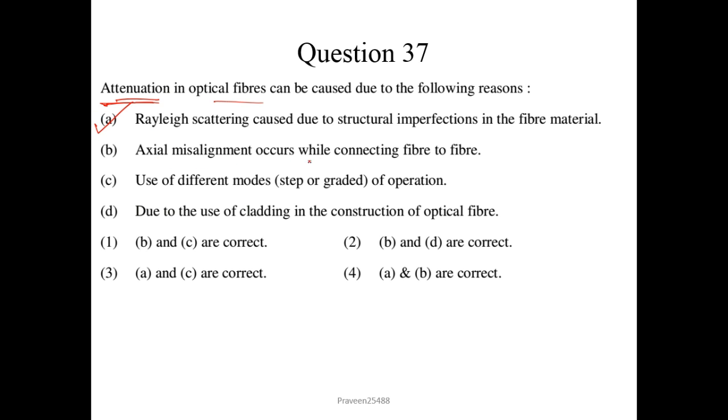Axial misalignment occurs while connecting fiber to fiber. So this is also the correct reason. Use of different modes of operation is not a reason. Due to use of cladding in the construction of optical wire is also not a reason. So A and B is the correct option. Fourth one is the correct answer.